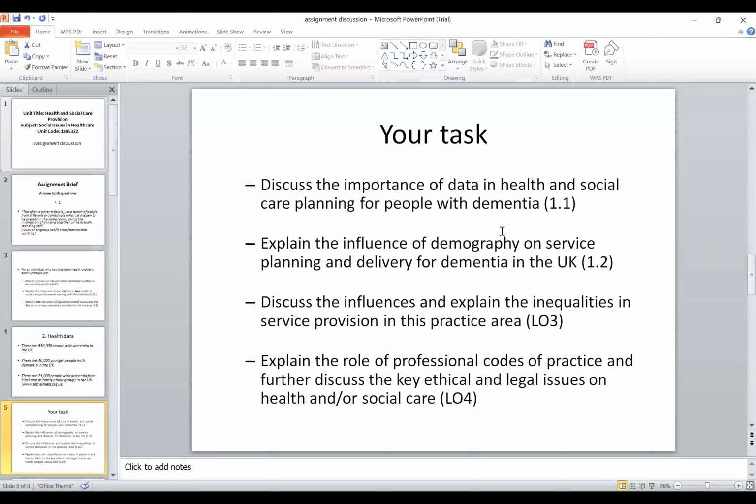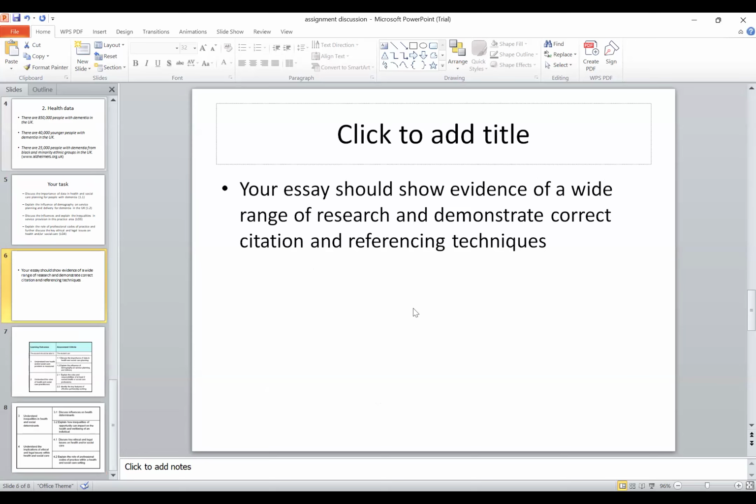Then you can give a description, because it's discussion here in the first point, so you'll want to discuss more. Even in the second bit, it's explaining, so that will take more of your time. Describing is shorter, but discussions and explanations are longer. But it's not in the form of a report. Actually, it's an essay.